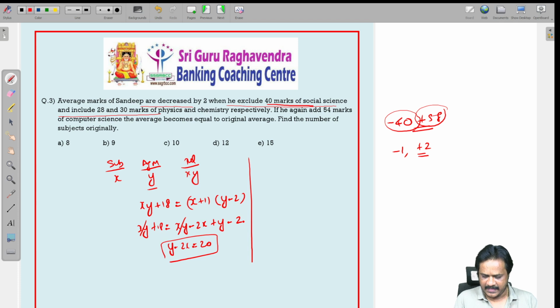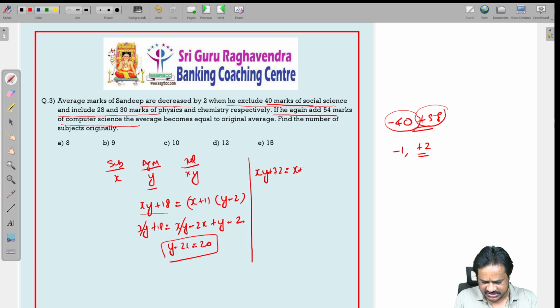Okay. Now, if we again add 54 marks of computer science to this value, it is already xy plus 18. Now if you add 54 marks, it will be xy plus 72, and the average becomes equal to the original average.